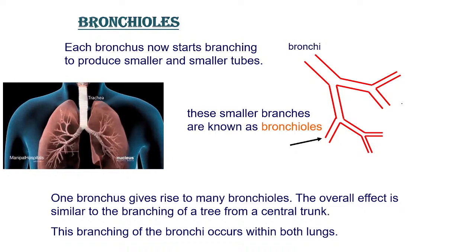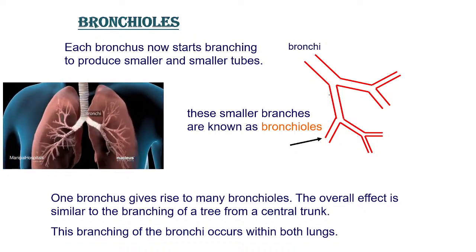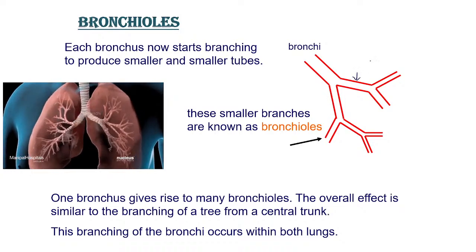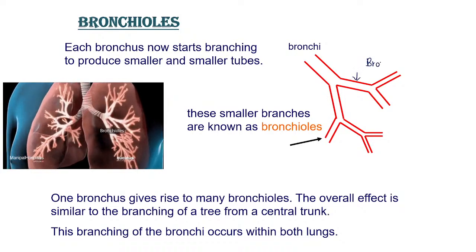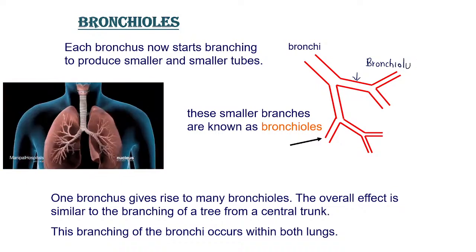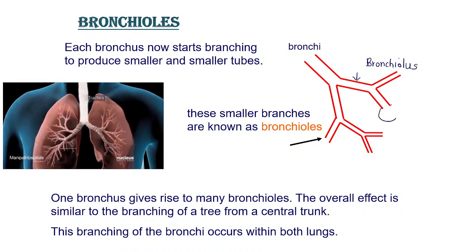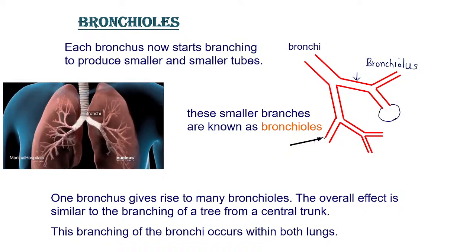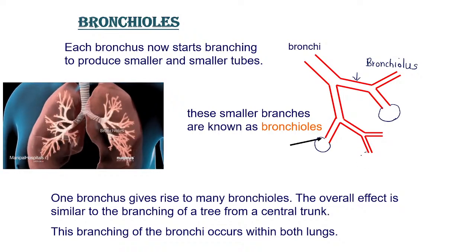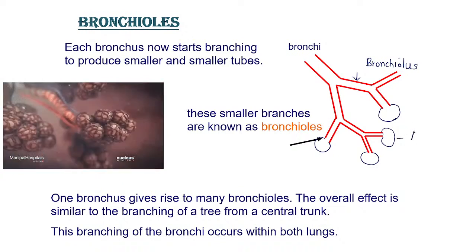So each bronchus starts branching to produce smaller tubes. What are these smaller tubes called? They are called bronchioles. And each of these bronchioles ends with tiny air pockets, tiny air sacs called alveoli. What are they called? Alveoli.